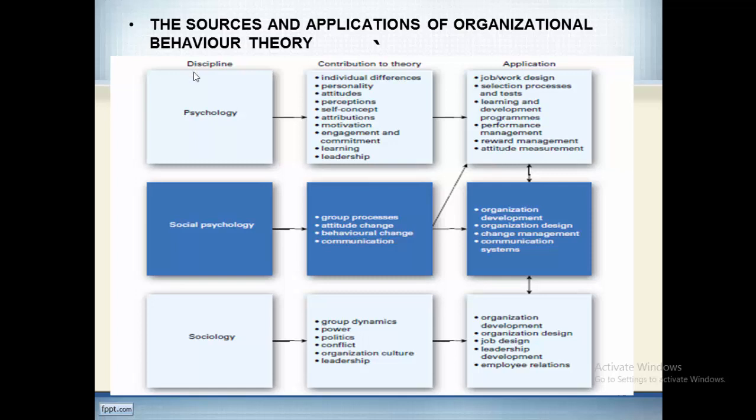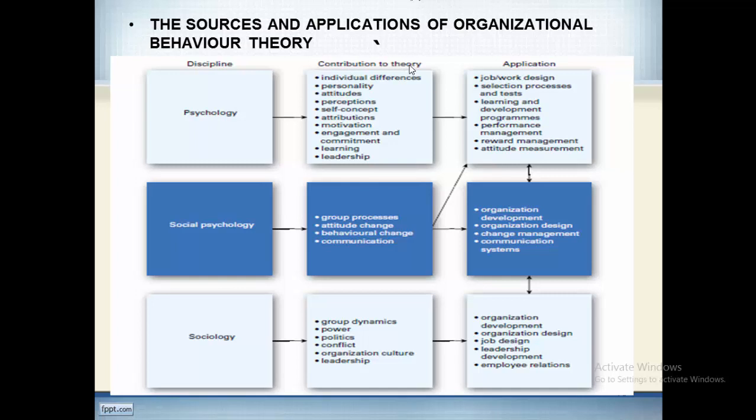First, coming to the discipline. So, dear students, the organizational behavior is derived. OB is derived mainly from three fields: psychology, social psychology, and sociology. It is the combination of these fields. More fields are also involved in the concept of OB, but mainly it is derived from these three fields.